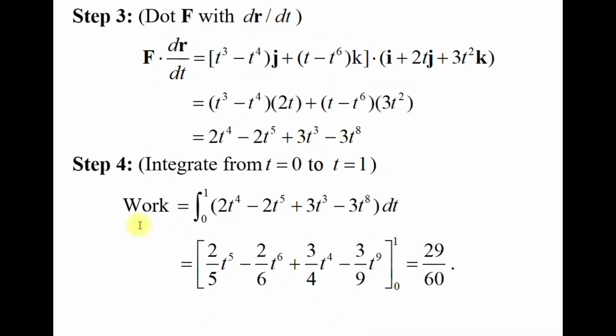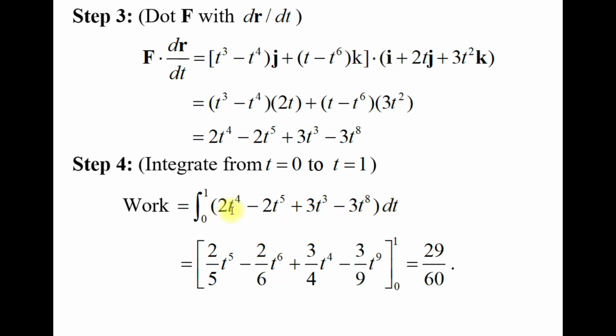Then in step 4, we find the required work from the point corresponding to the parameter t equal to 0 to the point corresponding to the parameter t equal to 1, and that is the integral of F dot dr by dt, dt, and F dot dr by dt is this one. So we substitute here and we find the integral with respect to t.